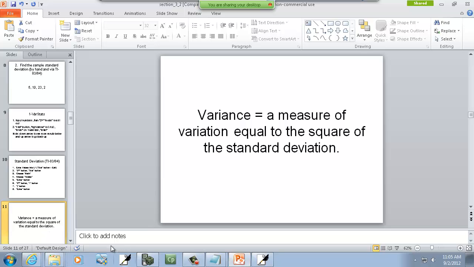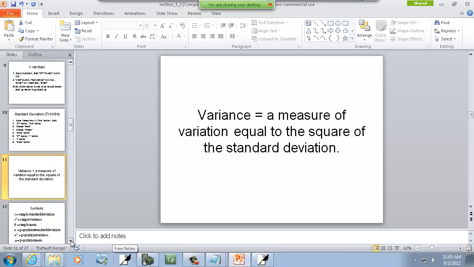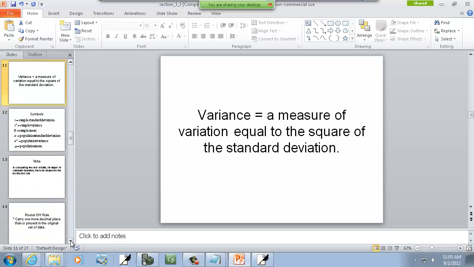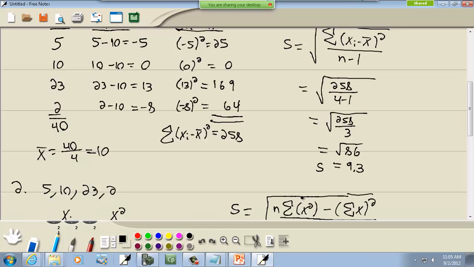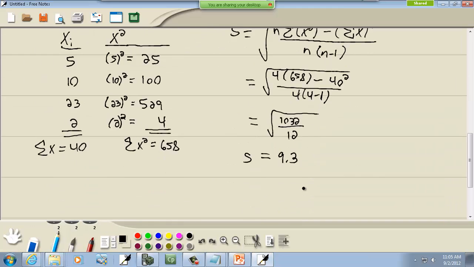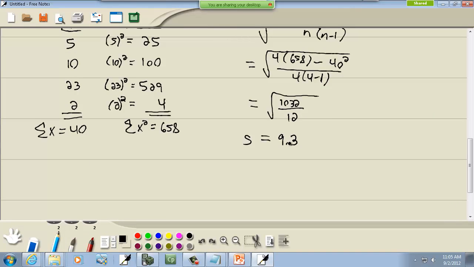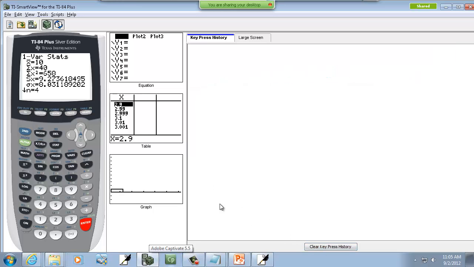Now our variance. The measure of variation equal to the square of the standard deviation. So if I'd ask you for variance in a problem, well, very simple. You'd square your standard deviation. So like here, when I get this value, I'd want to square it. So let me show you.